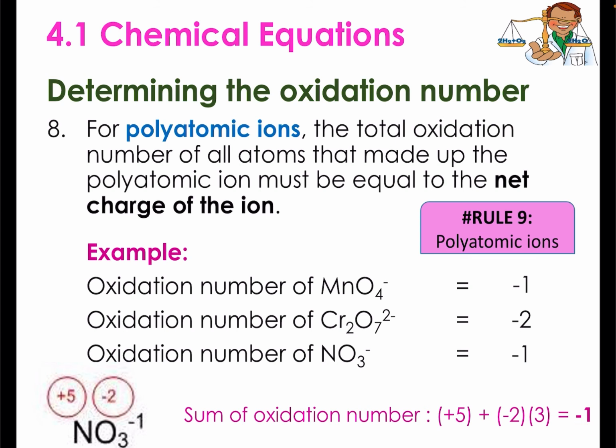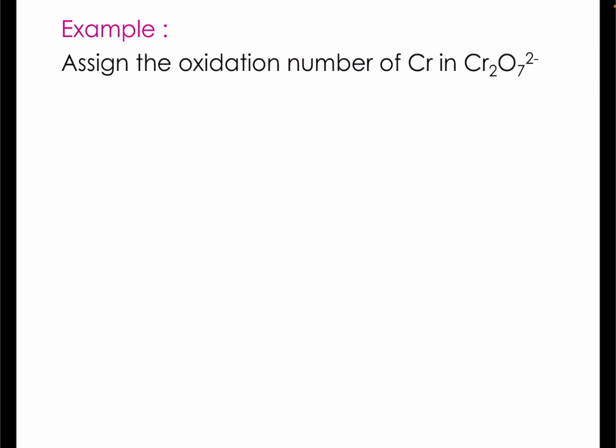So, now, same case, I got one last example di mana saya berikan awak satu contoh. Saya minta awak untuk tentukan oxidation number for chromium in Cr2O7 2 minus. So, how you want to determine? Saya mahu hanya untuk chromium sahaja.